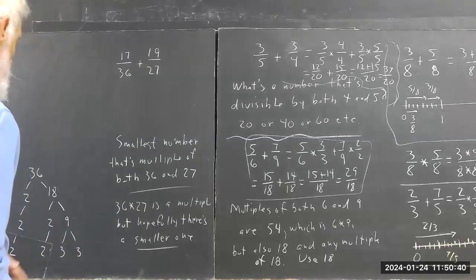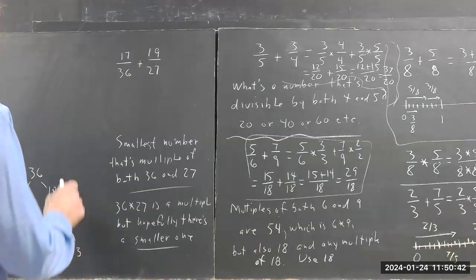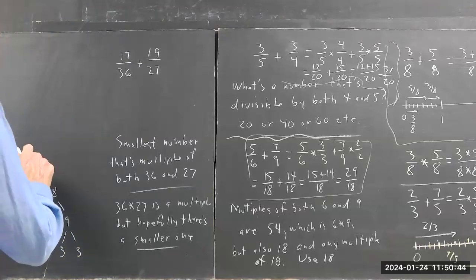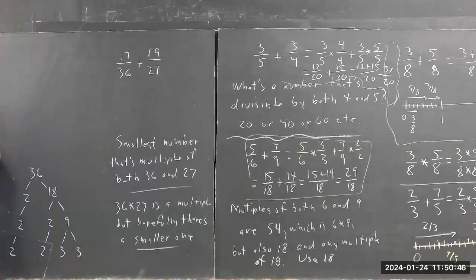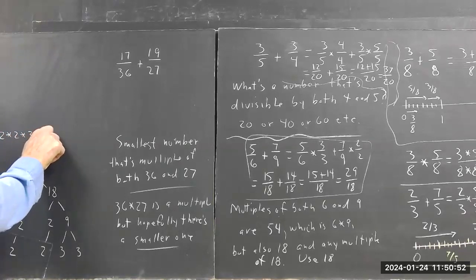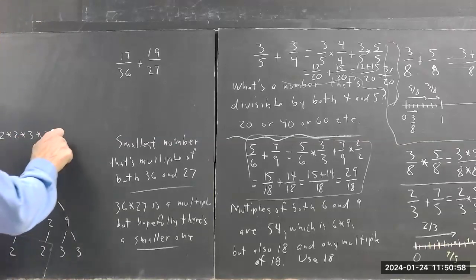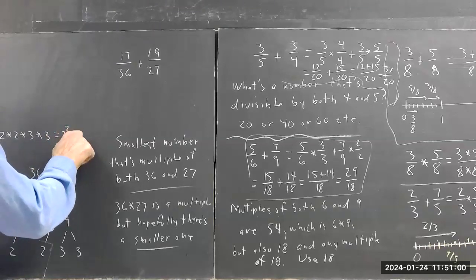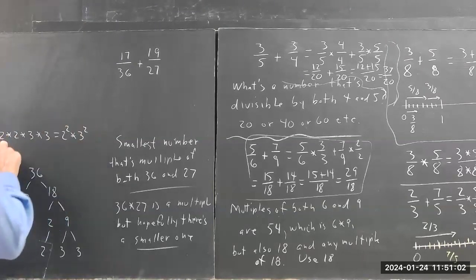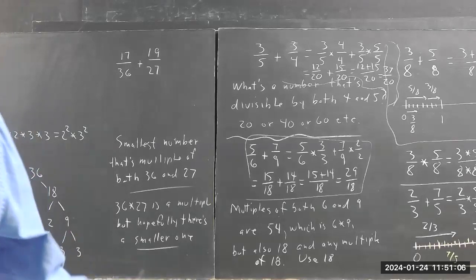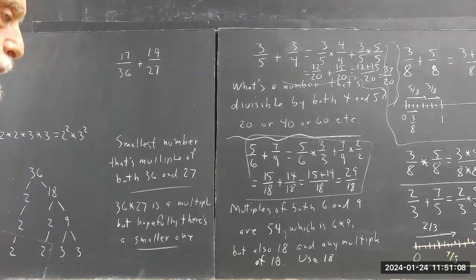Okay, so we can say that 36 is 2 times 2 times 3 times 3. And we could also, of course, write that as 2 squared times 3 squared, but I kind of prefer this. There's a rule that you can use with the exponents, and that's what Open Math is going to try to teach you.